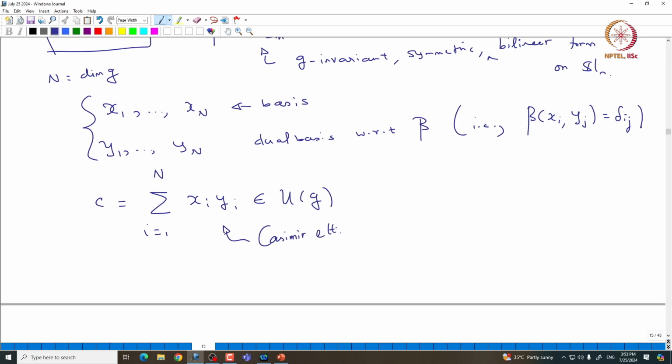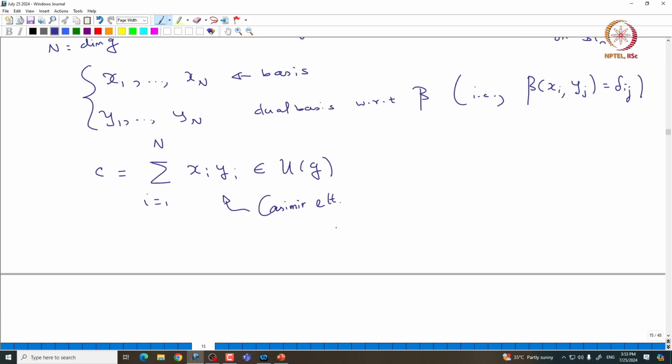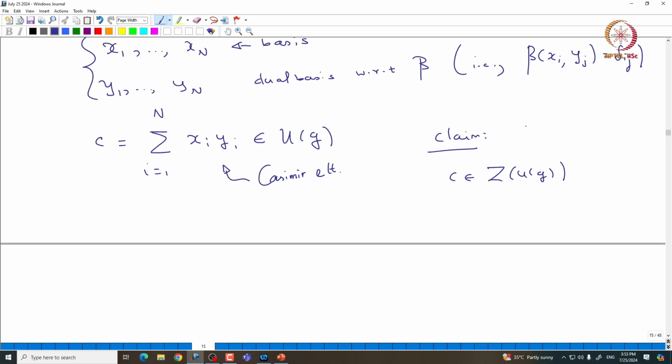The most important thing is that this Casimir element lies inside the center. That is the claim: C lies inside the center. That means C commutes with all the elements of G. In particular, it defines, for example, a map from any representation to another representation as a G-module map.